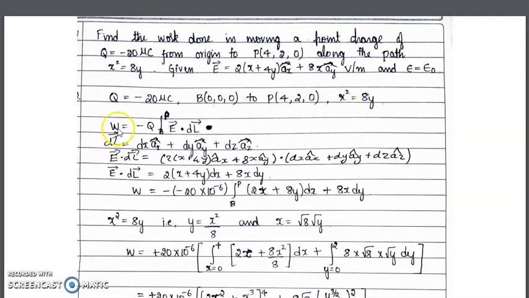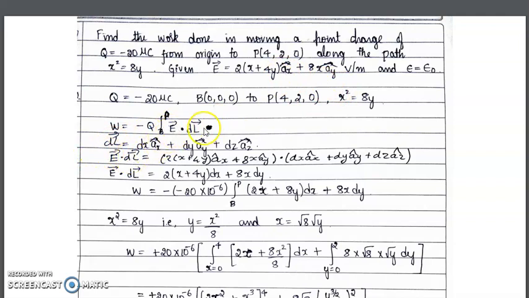So we know the equation for work done: W is equal to minus Q integration from B to A of E dot dl. What is dl in the Cartesian coordinate system? dl is dx ax cap plus dy ay cap plus dz az cap. Now we know E and we know dl.